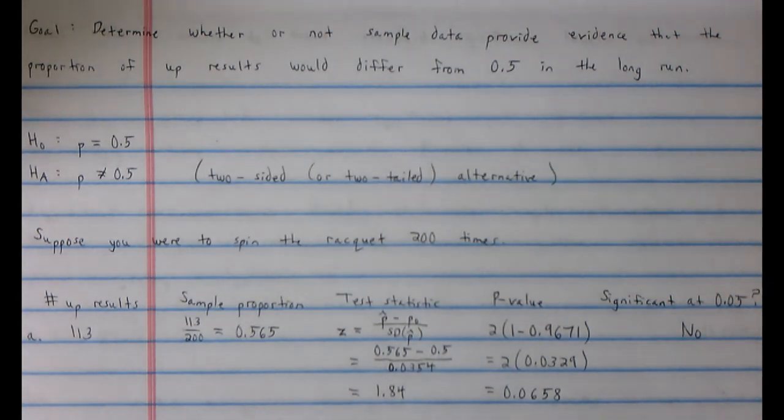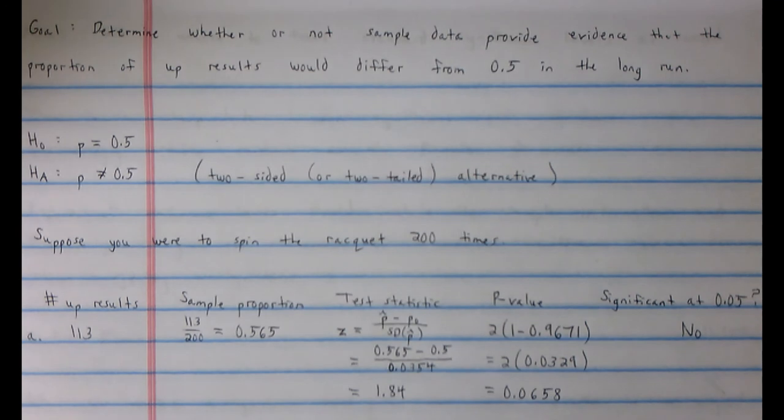So let's do this. Let's consider some different sample proportions. In this first part, let's suppose the number of up results is 113. Then our sample proportion would be 113 out of 200, or 0.565. We'll calculate a test statistic.